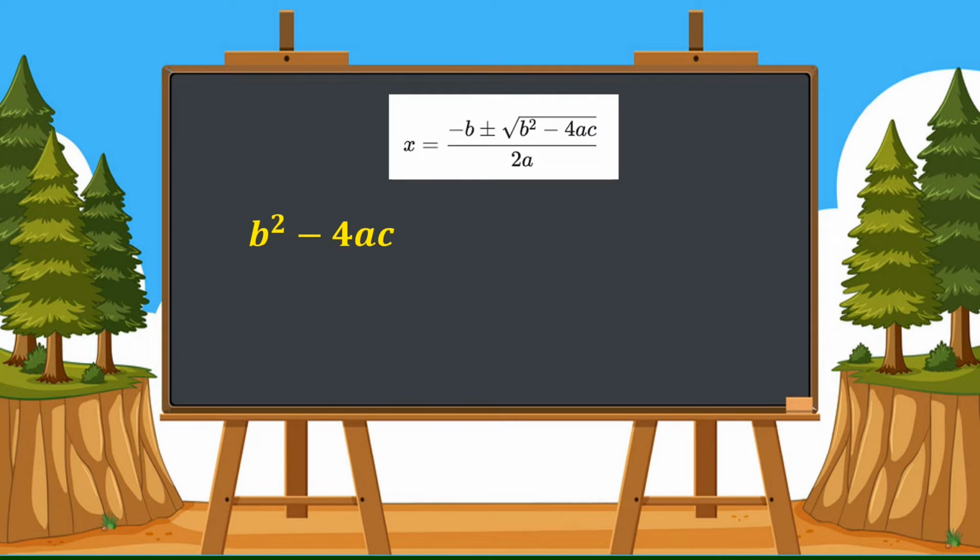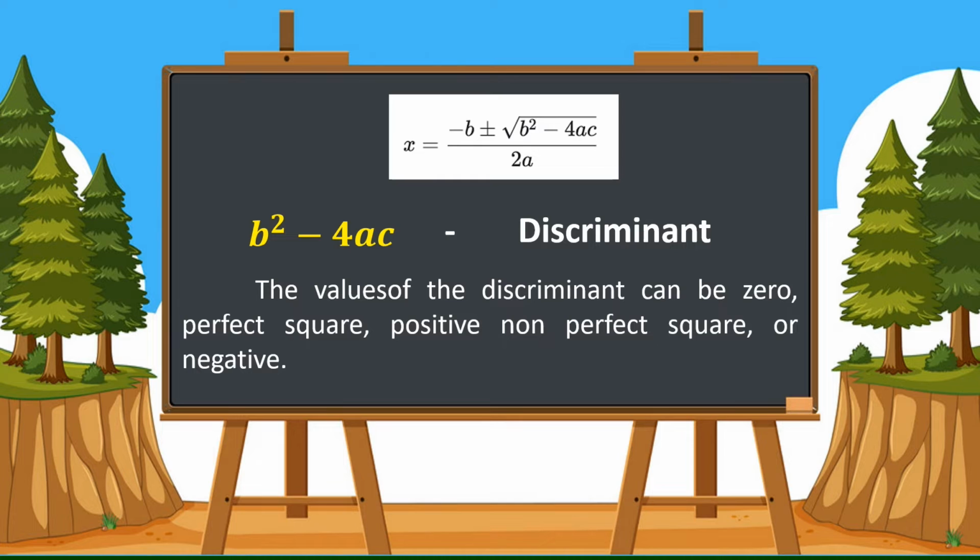The expression b squared minus 4ac is called the discriminant. It is also named because it discriminates between quadratic functions that have real zeros and those that do not. The values of the discriminant can be 0, perfect square, positive non-perfect square, or negative.